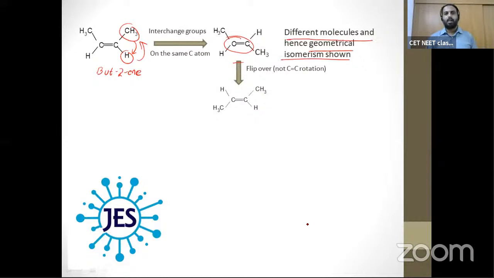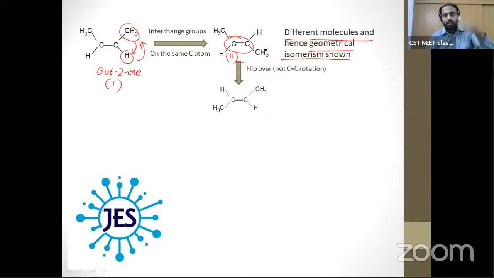Geometrical isomerism. Let's now try out one more aspect. ಇದನ್ನ ಫ್ಲಿಪ್ ಮಾಡಿದ್ರೆ ಏನಾಗುತ್ತೆ ಅಂತ. ಲೆಟ್ಸ್ ಫ್ಲಿಪ್ ಇಟ್ ಓವರ್. ಫ್ಲಿಪ್ ಇಟ್ ಓವರ್ ಅಂದ್ರೆ ನೀವು ಹೇಗೆ ಪೇಜ್ ನ ತಿರುಗಿಸ್ತೀರಾ ಬುಕ್ ಅಲ್ಲಿ, ಅದೇ ತರ ಫ್ಲಿಪ್ ಇಟ್ ಓವರ್ ಲೈಕ್ ದಿಸ್. ಇಫ್ ಯು ಫ್ಲಿಪ್ ಓವರ್ ದ ಸ್ಟ್ರಕ್ಚರ್, ವಾಟ್ ಯು ಗೆಟ್? CH3 C double bond CH3. It is still not the same as this. ನೋಡಿ, ಇದನ್ನ ಸ್ಟ್ರಕ್ಚರ್ 1 ಅಂತ ನಾವು ರೆಪ್ರೆಸೆಂಟ್ ಮಾಡಿದ್ರೆ, ಇದನ್ನ ಸ್ಟ್ರಕ್ಚರ್ 2 ಅಂತ ರೆಪ್ರೆಸೆಂಟ್ ಮಾಡಿದ್ರೆ, structure 2 is different from structure 1.